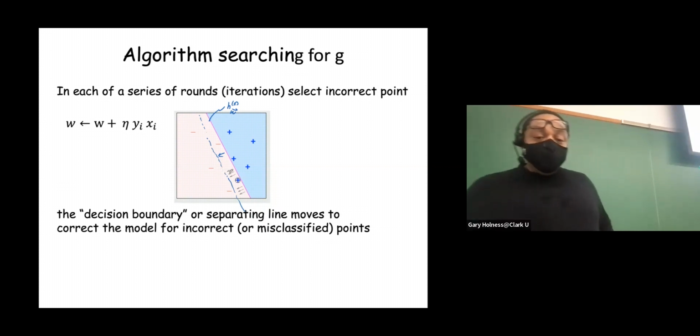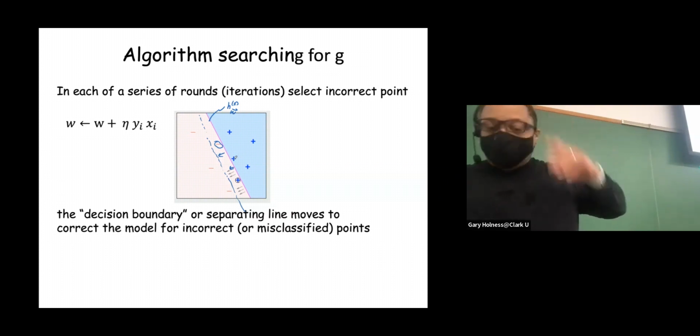But you'll notice I moved it so much, this point that was correctly classified is now misclassified for the new position of the decision boundary. So this learning rate eta says don't move it that dramatically, only move it a little bit in that direction. Does that make sense? Any questions? All right.